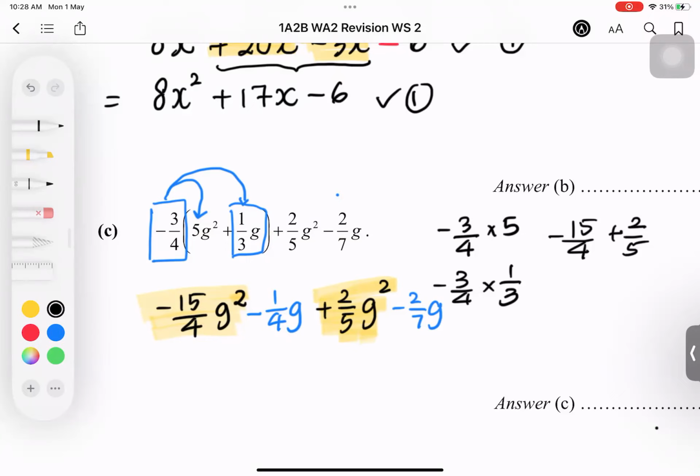Okay, then I ask the next person. Keon, come help me finish up the answer. -15/4 plus 2/5, what do we get in your calculator? -67/20g squared, thank you.